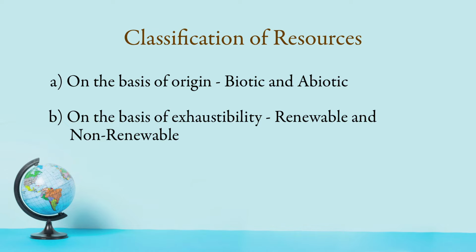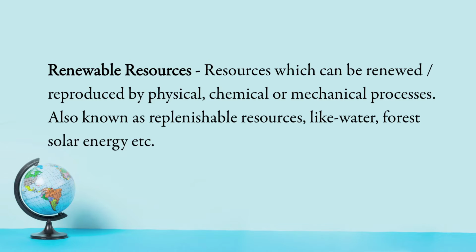Resources are classified into renewable and non-renewable on the basis of exhaustibility. Renewable resources can be renewed or reproduced by physical, chemical, or mechanical processes. They are also called replenishable resources. While wind and water are flow resources, forest and wildlife are renewable resources.